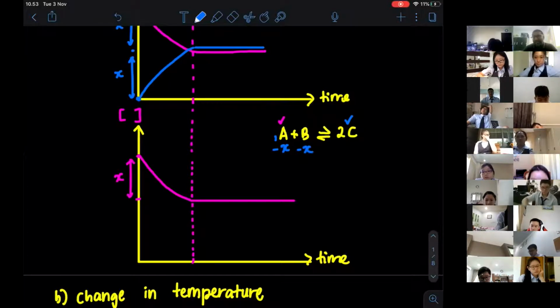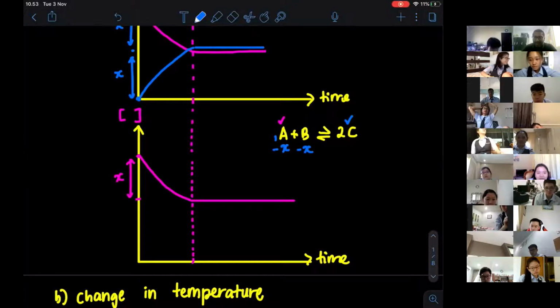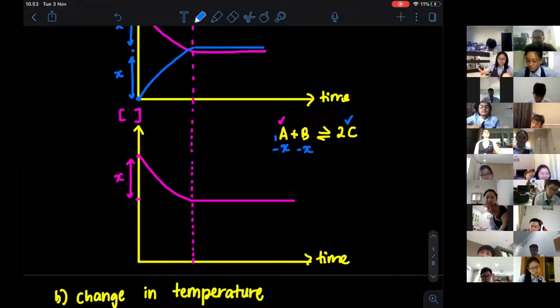But how many X will you get for C, Jennifer? Just try how many X. Kenneth, I cannot see you. So maybe Cleanta, you can help me.